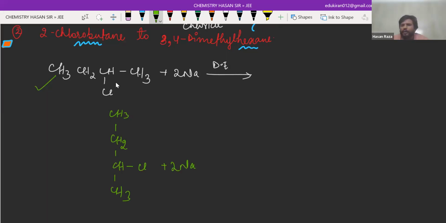And actually in Wurtz reaction, we need 2 moles of this. So another mole of this, I'm going to write it as the image of this.